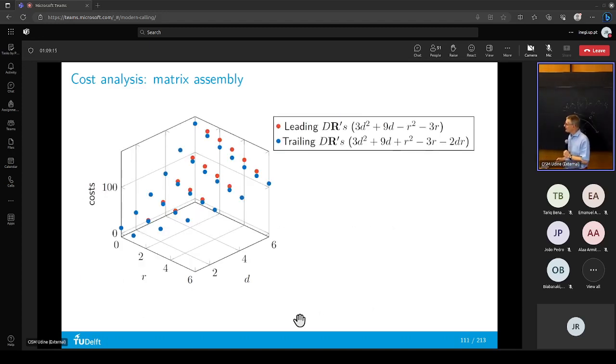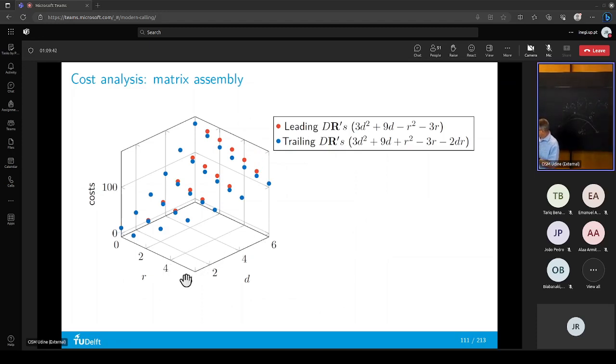But if we compare this, and you have to read it, it should actually be a surface, but because it doesn't make sense to have a 4.5 derivative, it's just a discrete point cloud. See it as a blue surface and a red one. Red is leading, and red is always a little bit higher than blue. That is in the D direction.